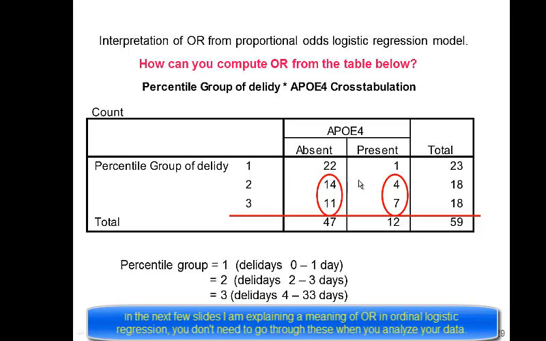Since we cannot really compute a ratio based on 3 categories, we collapse 2 categories together, using each available cutoff. So here we are drawing a line, cutting between 1 and 2, so we combine 2 and 3 together.